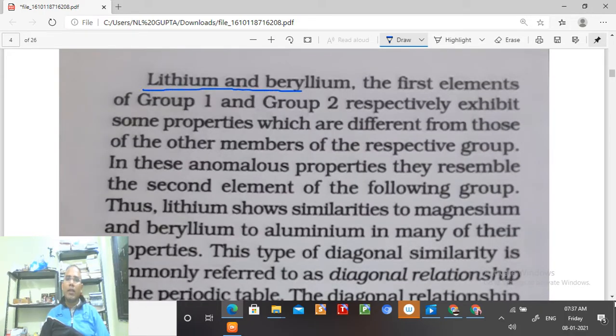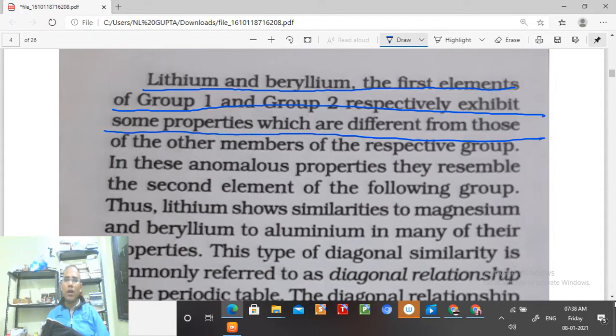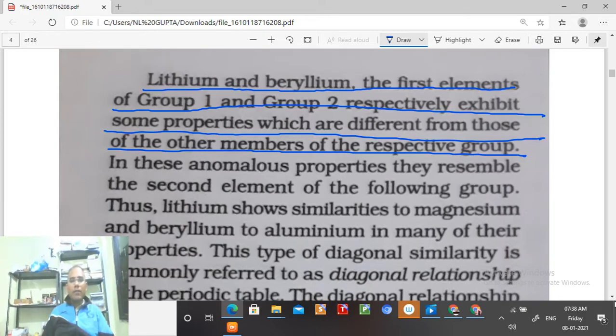Lithium and beryllium, the first elements of groups 1 and 2 respectively, exhibit some properties which are different from those of the other members of their respective groups. Why is this, student? These are the anomalous properties.